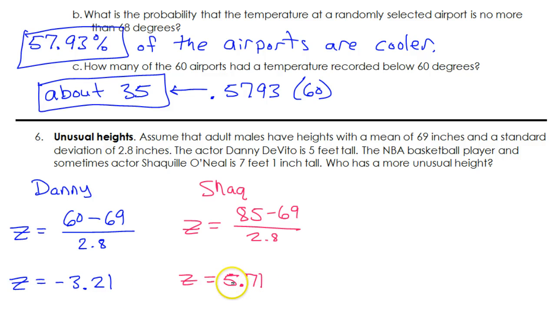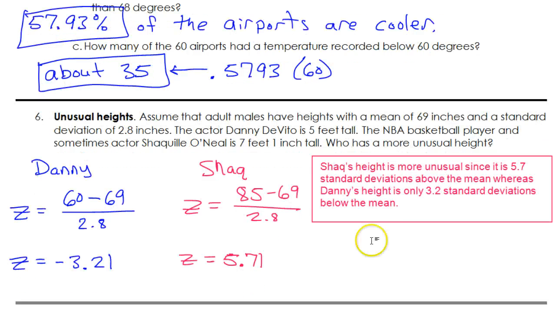But Shaq is further away from the mean. So I can write it up this way. Shaq's height is more unusual since it is 5.7 standard deviations above the mean, whereas Danny's height is only 3.2 standard deviations below the mean. Here endeth the lesson.